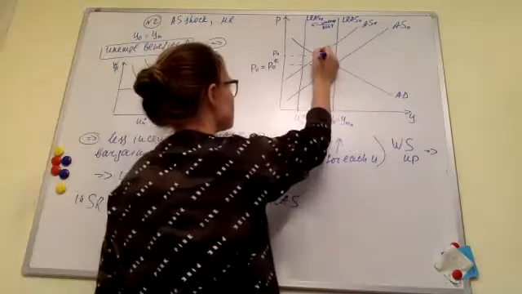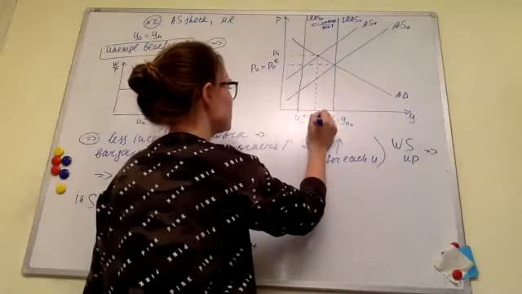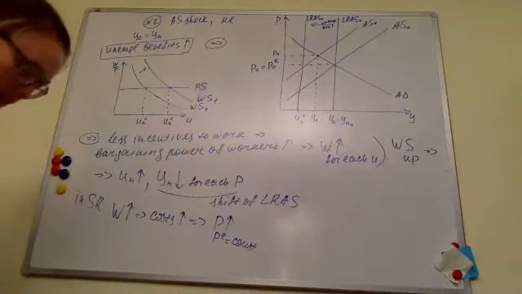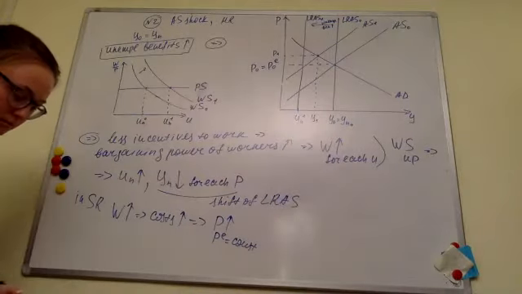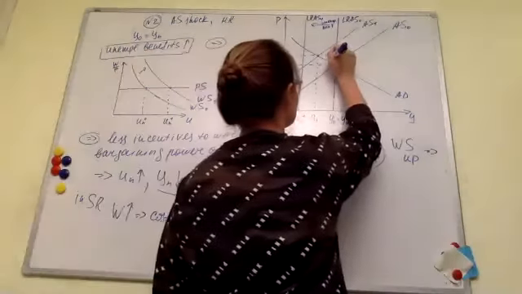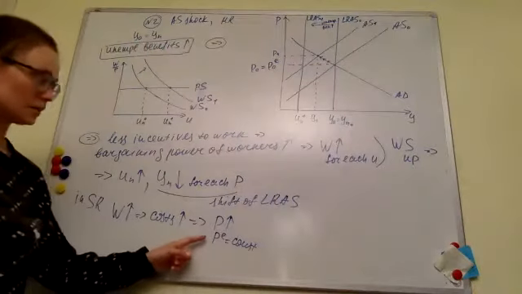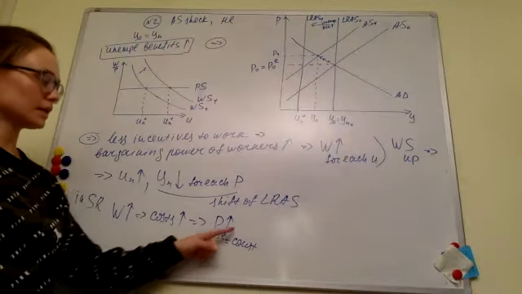And now we should say what is happening in the short run. Here we can say that we move along aggregate demand, and how will we explain the moving along AD?